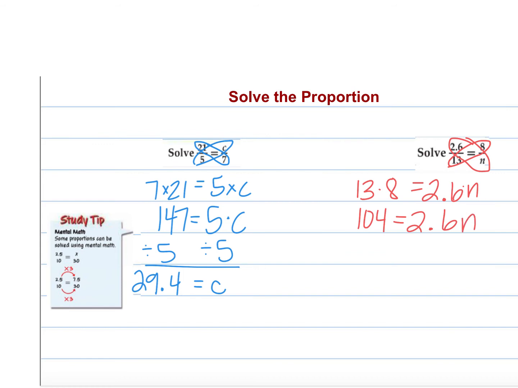Now again, if we are multiplying 2 and 6/10 times n, in order to undo it or solve for n, we're going to do the opposite, which means to divide by 2 and 6/10 on both sides. So if we are multiplying and dividing, that would cancel, and we are just left with n equals 104 divided by 2 and 6/10. Let's try that again. Divided by 2 and 6/10, I typed it in wrong, so that would be 40. We can always check by plugging our answer back into the original proportion.